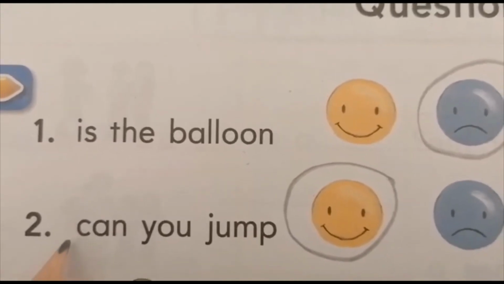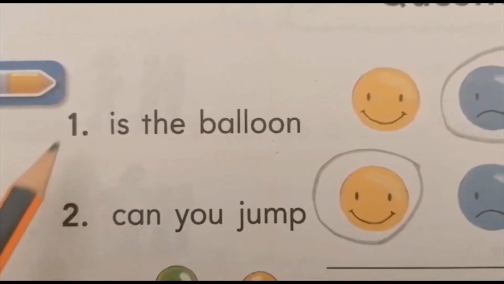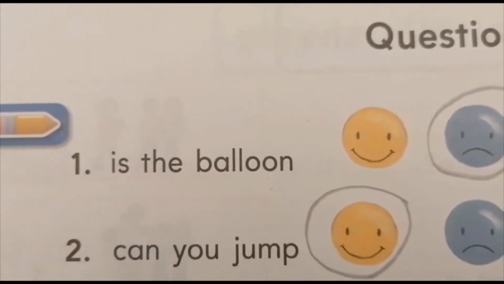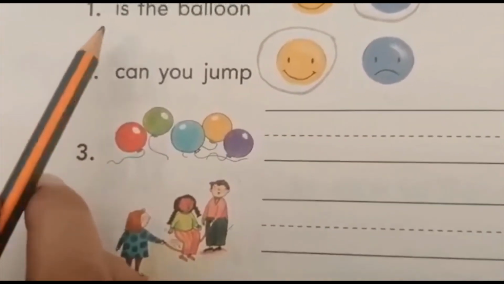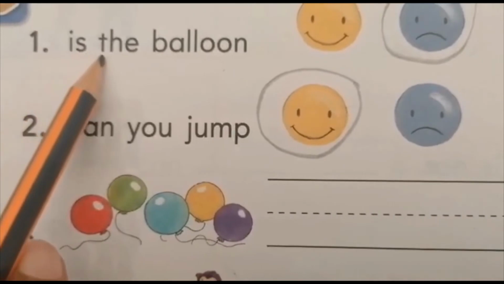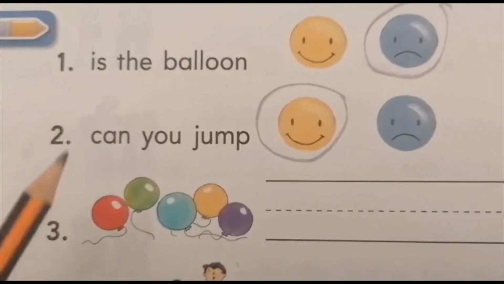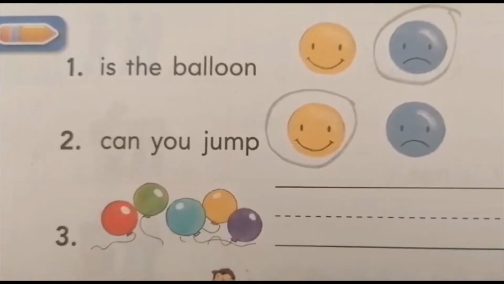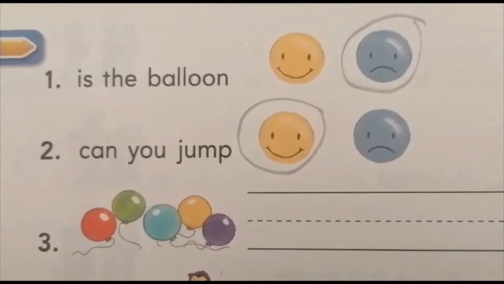A capital letter, and it ends with a question mark. So we are going to write both these sentences and make them correct questions. Okay? Let's go to number 3. We need to make a question: is the balloon pink? Is that a question? Yes.